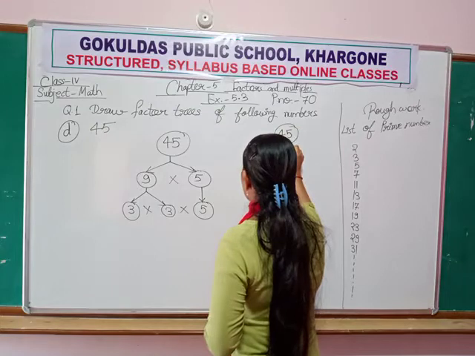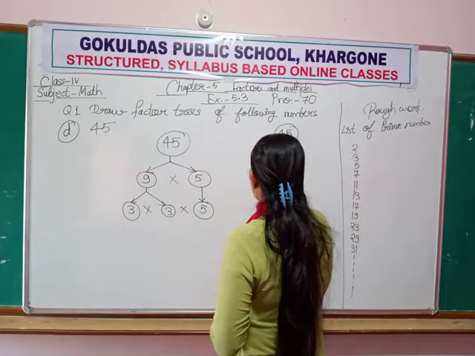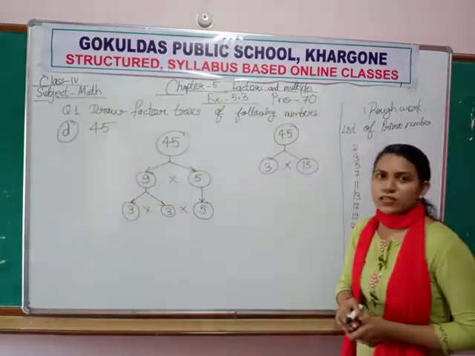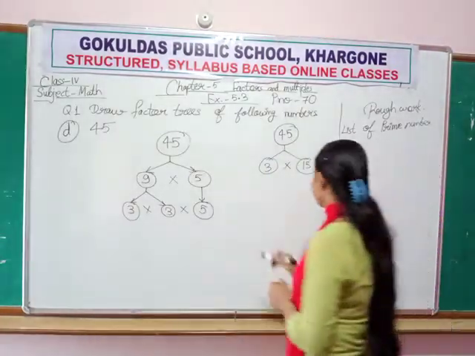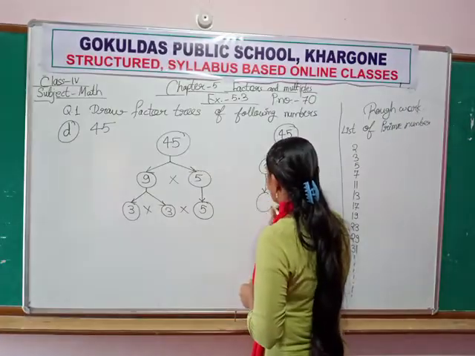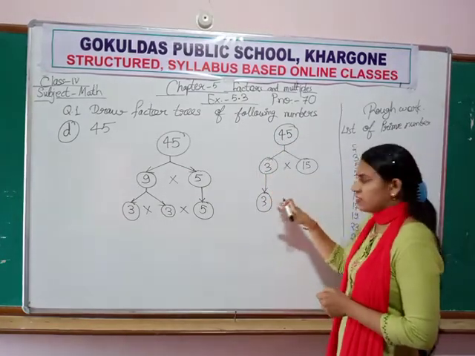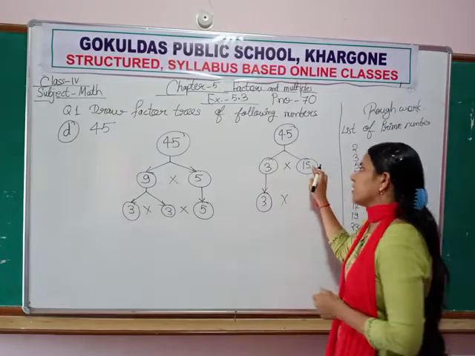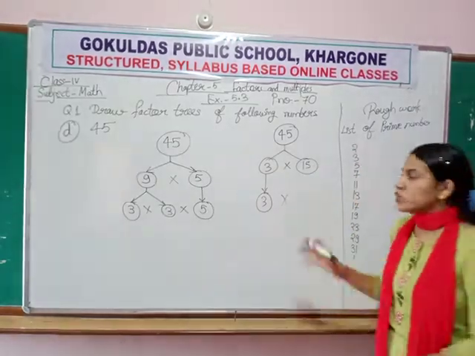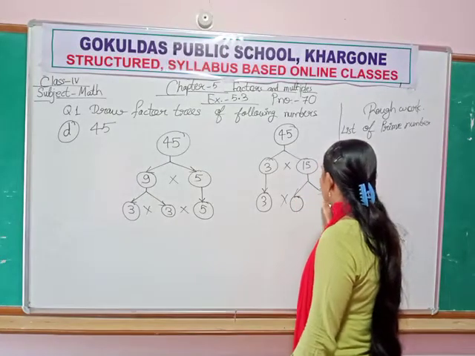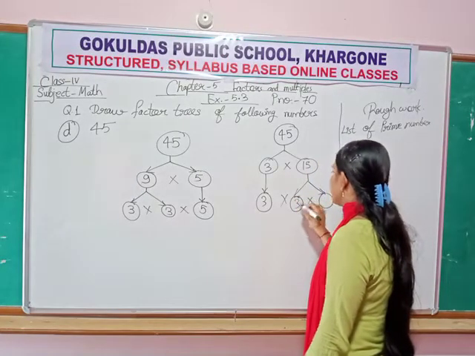The other tree for 45 is 3 multiplied by 15, right? 15 3s are 45. 3 is a prime number, so we will bring it down as it is, without splitting. Multiplied by 15. Number 15 is not a prime number, so we need to split it up in two parts. 3 into 5.